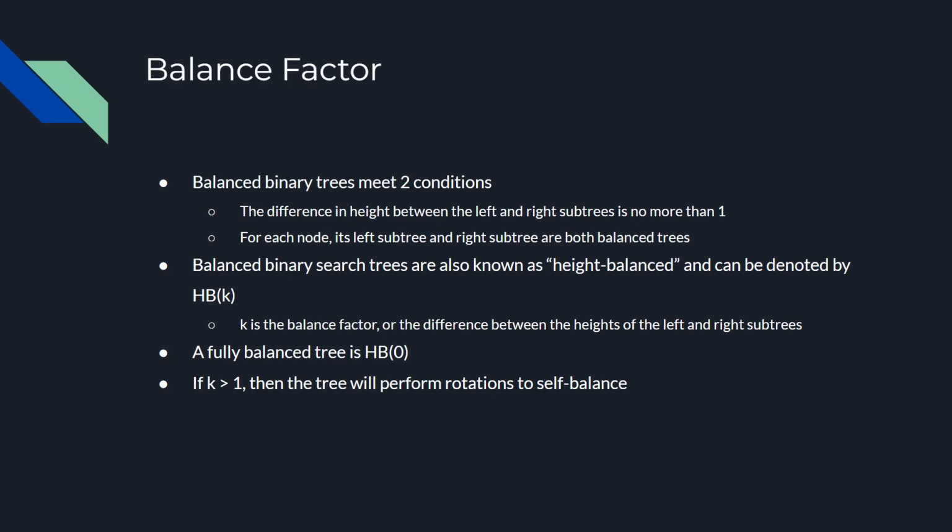This matters because if our binary search tree gets really unbalanced, where one side of the tree has too many children, then searching for an element will become O of n instead of O of log n. And we want to maximize efficiency in searching for an element.